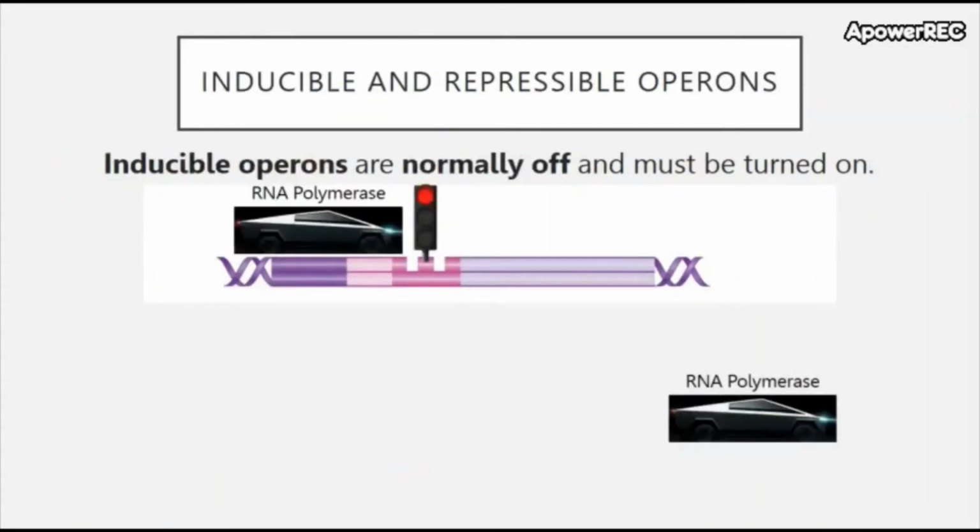There are two different types of operons. There are inducible operons and repressible operons. Remember that inducible operons are normally off. They are induced or they are turned on in order for expression to occur.